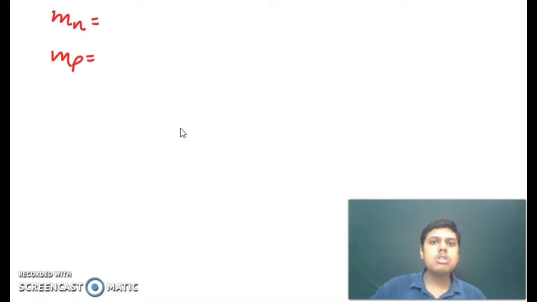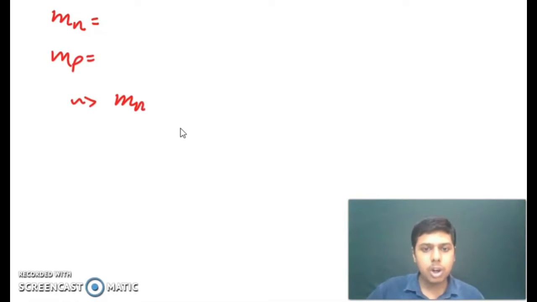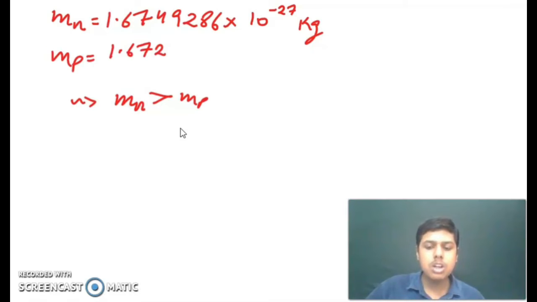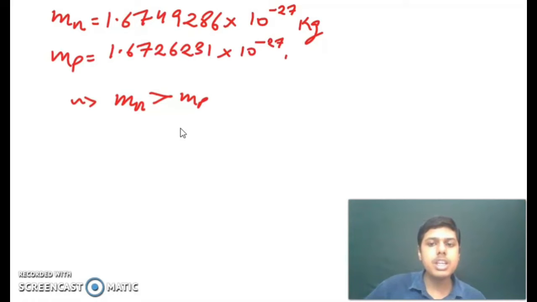Now in various books it is shown that they are nearly equal, but let me tell you an interesting fact that the mass of neutron is considered to be slightly greater than the mass of proton, because the mass of neutron is near about 1.6749286 into 10 to the power minus 27 kg, while the mass of proton is 1.6726231 into 10 to the power minus 27 kg.